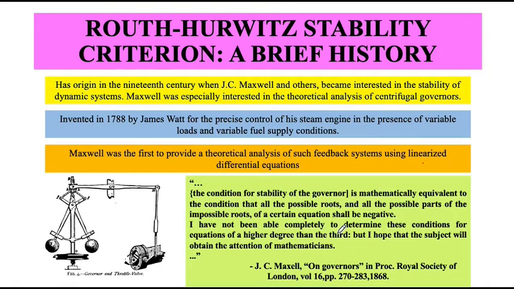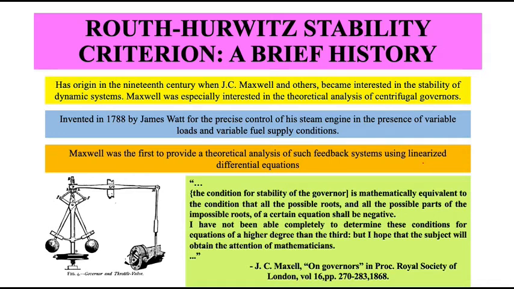What Maxwell said is that the condition for stability of the governor is mathematically equivalent to the condition that all the possible roots... they still didn't define this, because they didn't have a notion of right half plane, left half plane, stable roots, unstable roots, marginally stable roots, and so on.